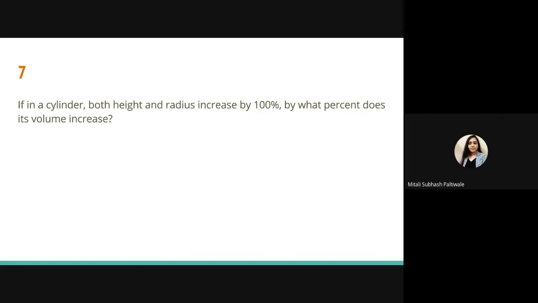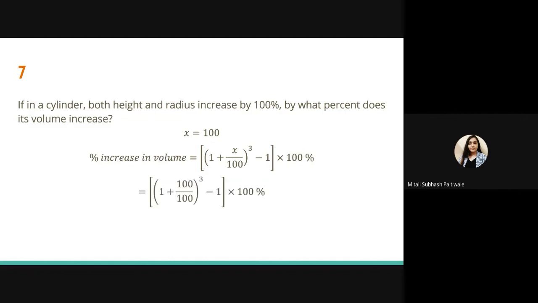So I'll be putting down the formula: percent increase in volume would be equal to (1 plus x by 100) to the power 3 minus 1, into 100%. Okay, that's the right formula for it. After solving this equation, what I have got is 700 as the answer.